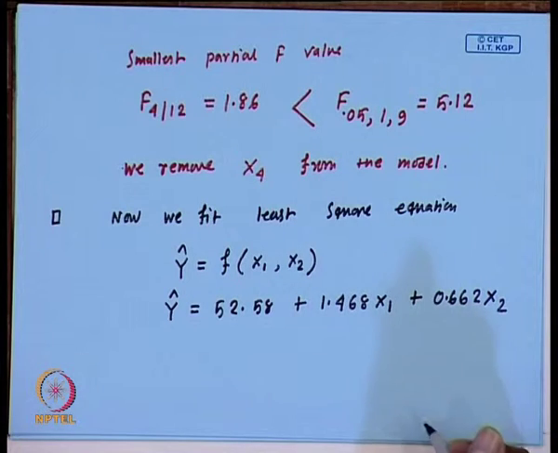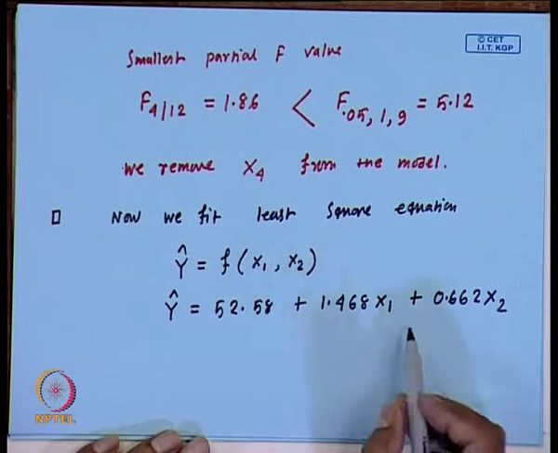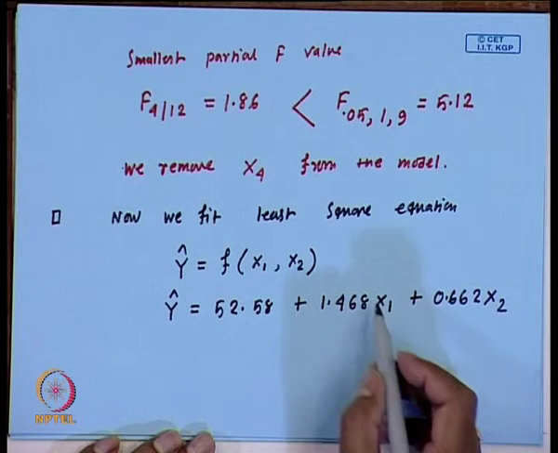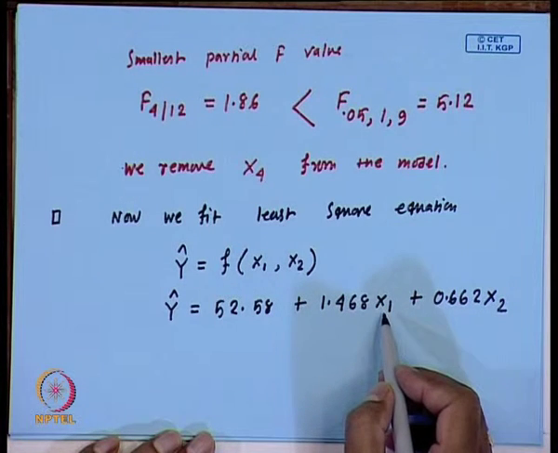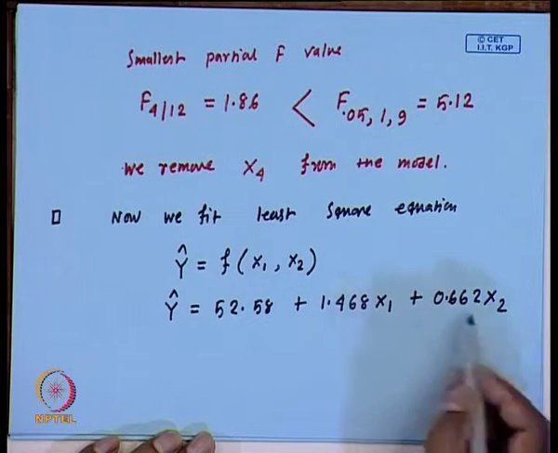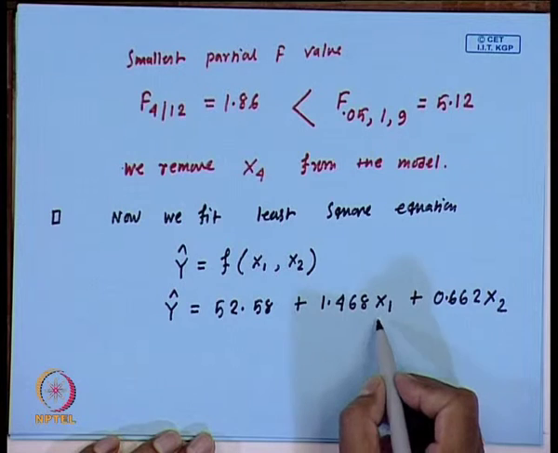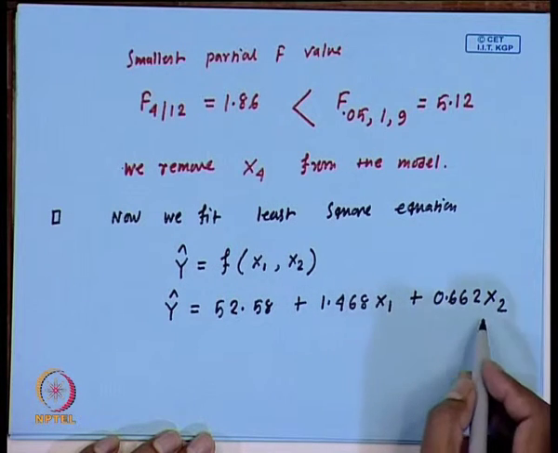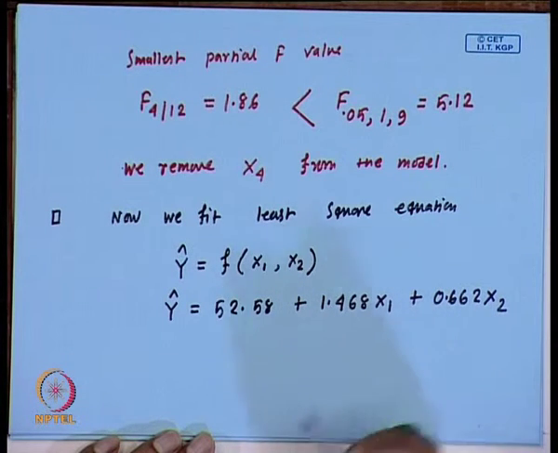Now, again see we are having a model involving x 1 and x 2. Now, we need to check whether again we can remove any more regressors from this model. That means, we have to check the significance of x 1 in the presence of x 2 and also we have to check the significance of x 2 in the presence of x 1.